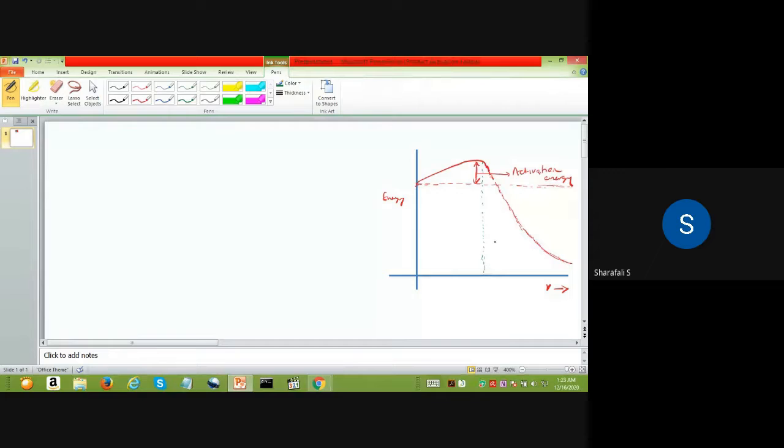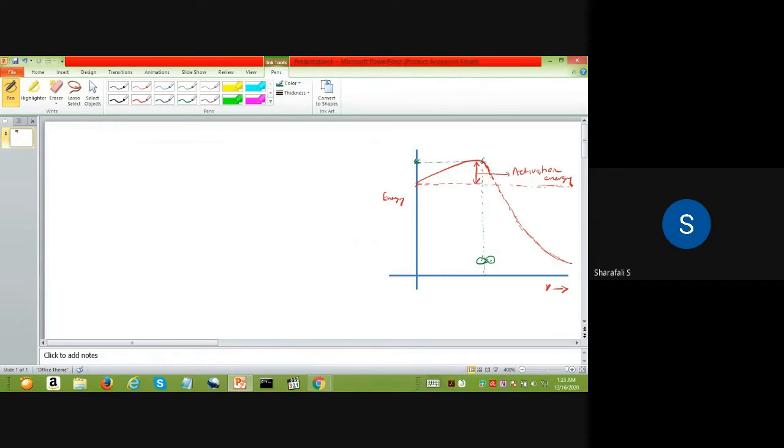So in this region, if the nucleus has that maximum energy, or more than that activation energy, then the nucleus will start to split around this region. Okay.